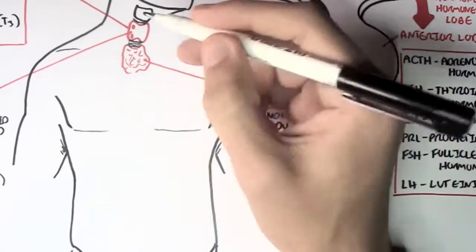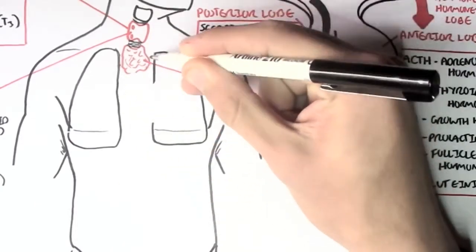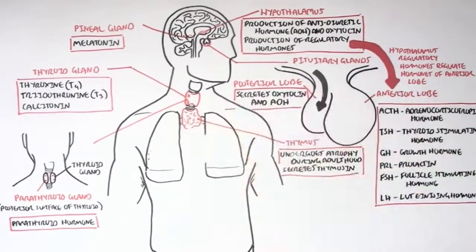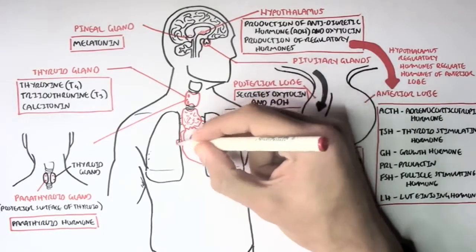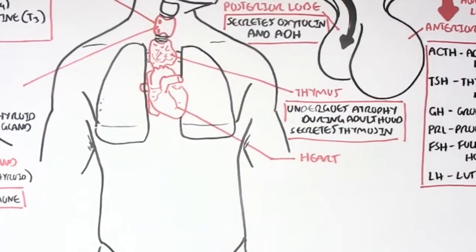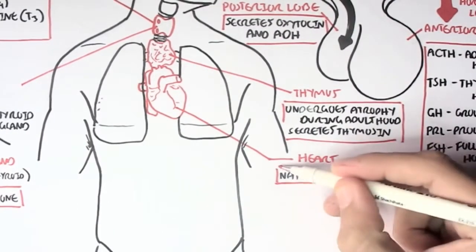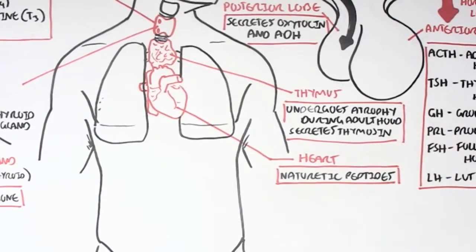Of course, in this person we have the lungs connected to the trachea and the heart between the lungs. Now, if you didn't know, the heart is also classified as an endocrine gland because it secretes hormones. The heart secretes the hormone natriuretic peptide, which is responsible for blood pressure regulation. It actually decreases blood pressure when there is an increase in blood pressure.